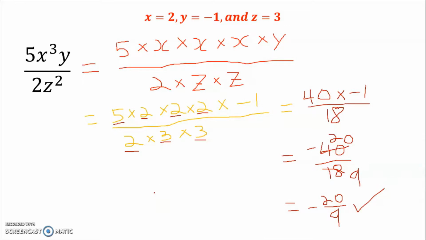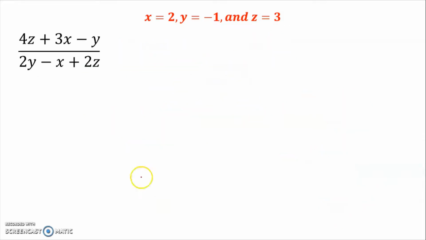Let's look at another expression. We have 4z plus 3x minus y, all over 2y minus x plus 2z.